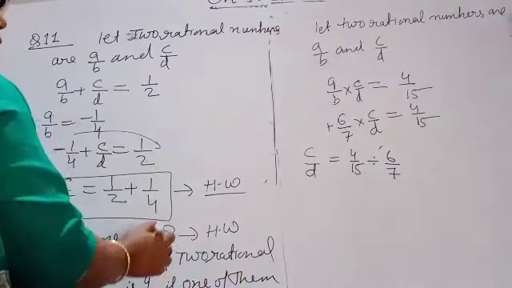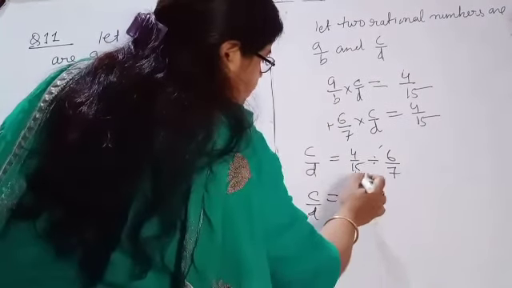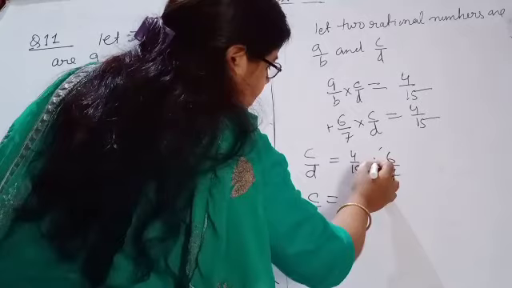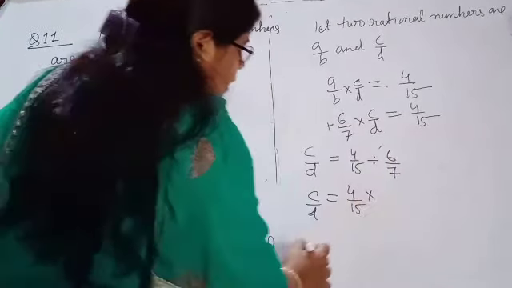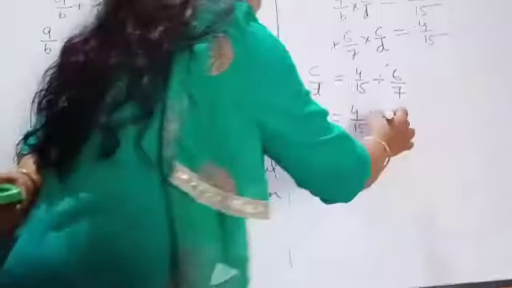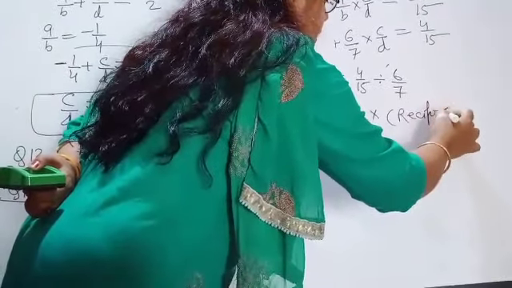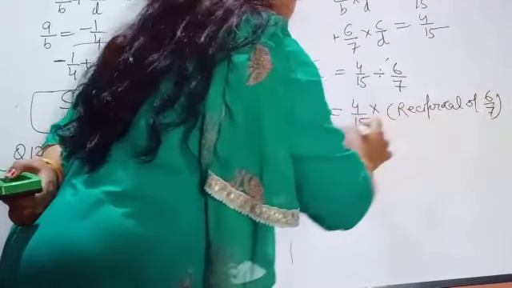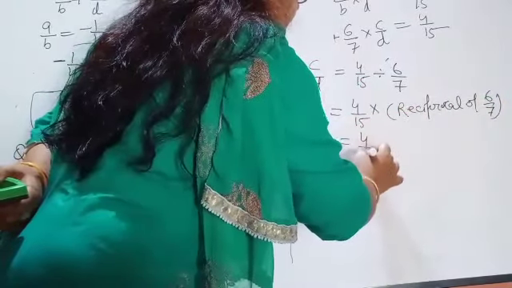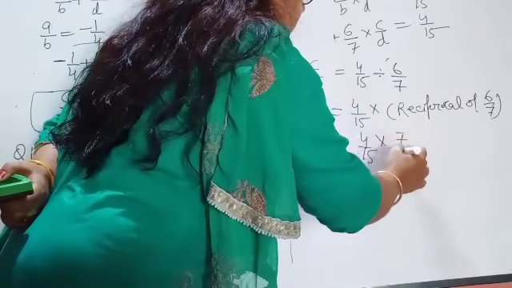Are you getting me? So C upon D is equal to 4 upon 15, this divide will become the multiply sign, and take the reciprocal of 6 upon 7. So it will be 4 upon 15 into 7 upon 6.